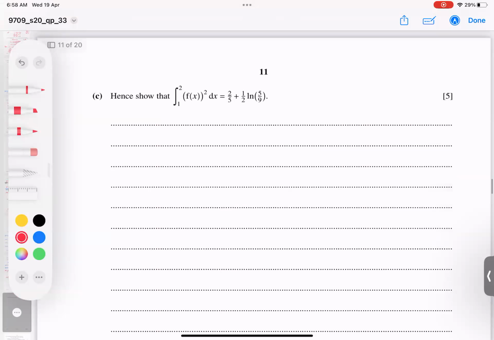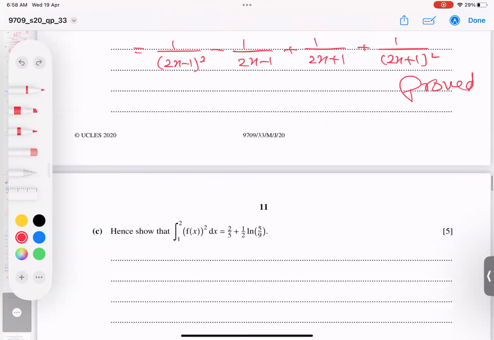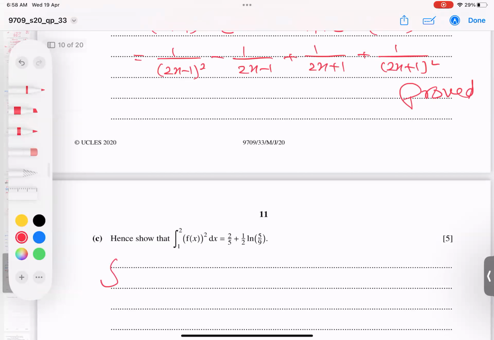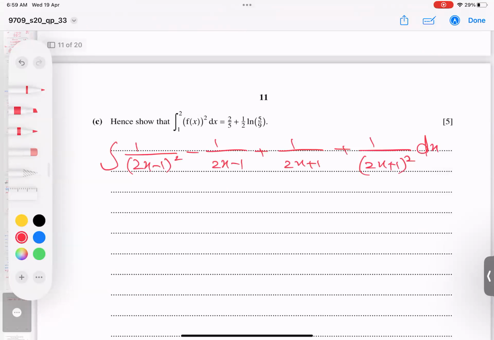Part number C, he's asking for the squared integration. It means the last step we got, we have to integrate: 1 over (2x minus 1) to power 2, minus 1 over 2x minus 1, plus 1 over 2x plus 1, 1 over (2x plus 1) to power 2 dx. Now, what is the technique to simplify?